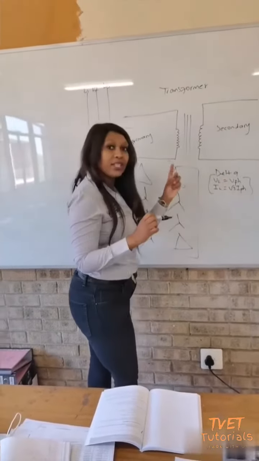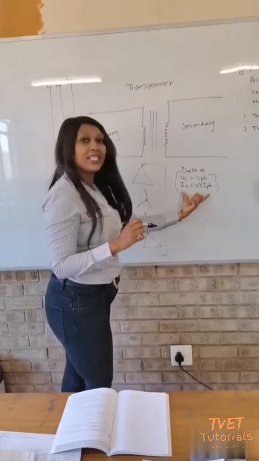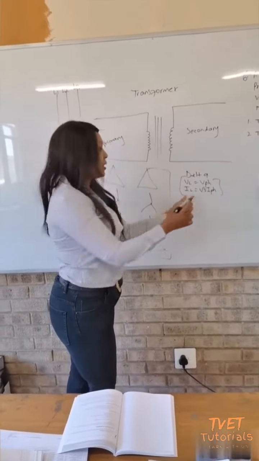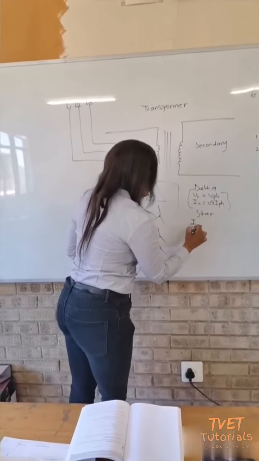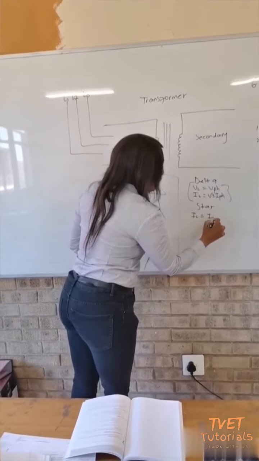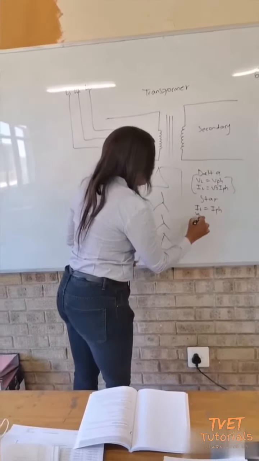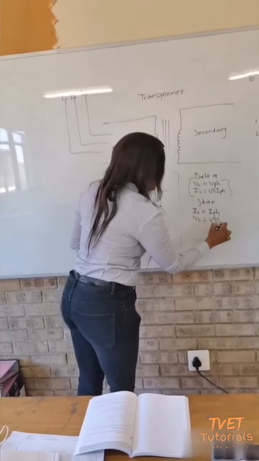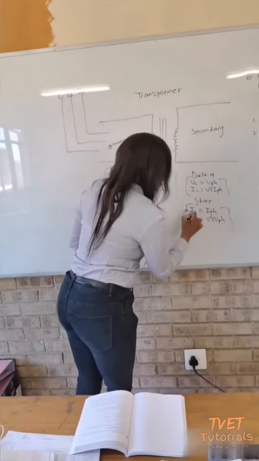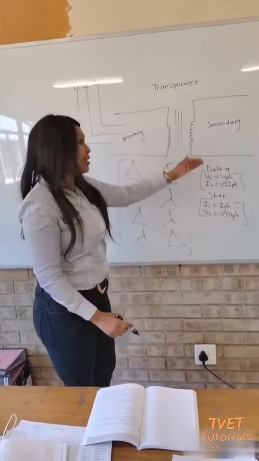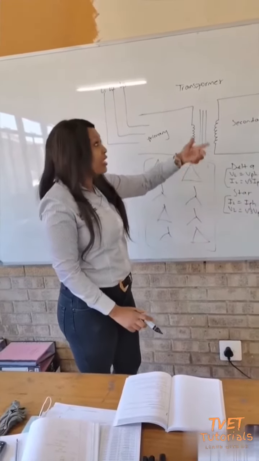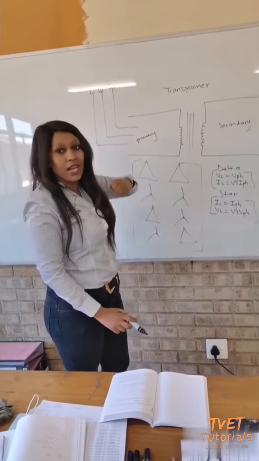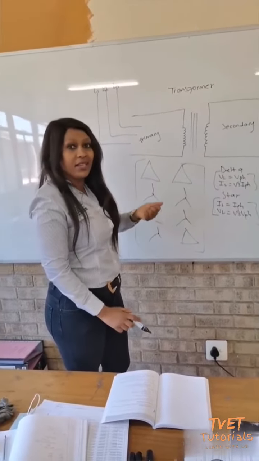Once you hear the word delta, you need to understand what delta means. It means this. If it is star connection, you know that your I line and your I phase are the same, but your V line is equal to square root of 3 V phase. Once you understand what delta means and what star means, you won't have any problems in solving this type of calculations in a three-phase circuit.